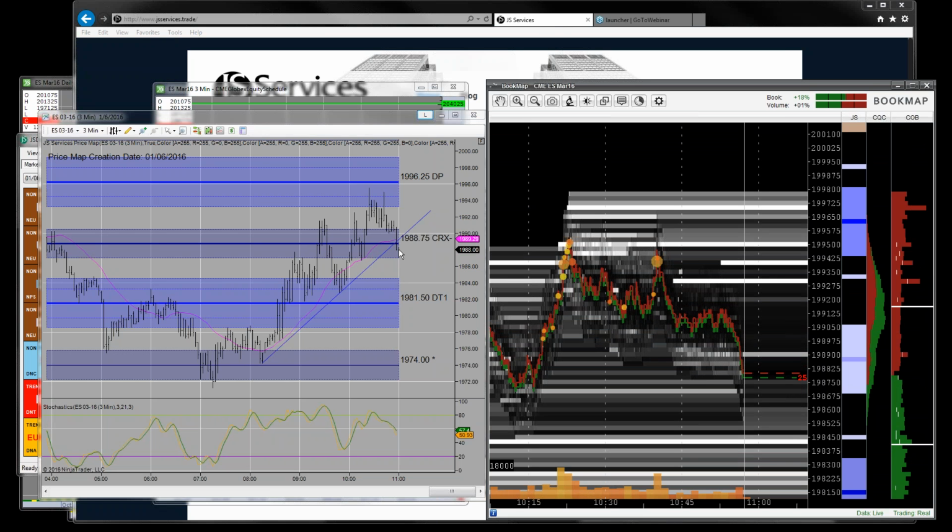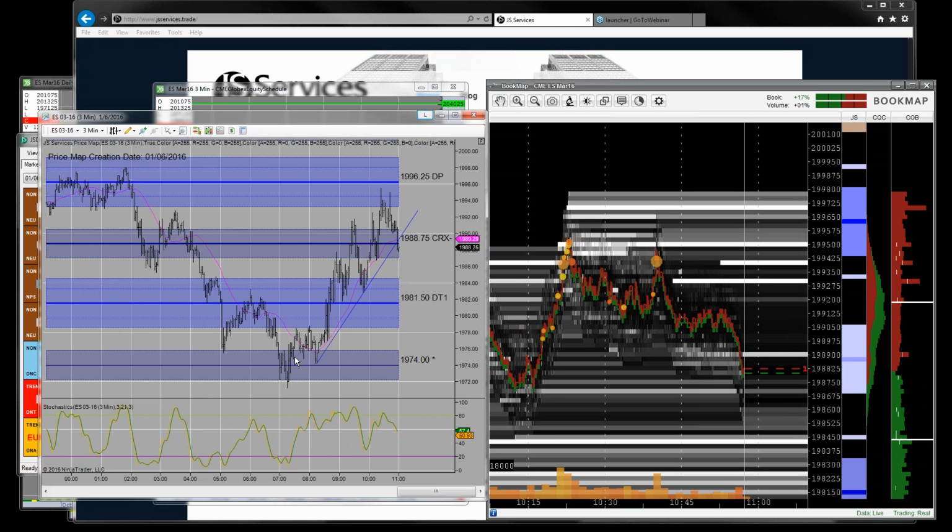Just as this break didn't follow through, I want to see them break this structure, and then get more aggressive selling into rallies, with the expectation that this thing's going to get back into breakout mode.